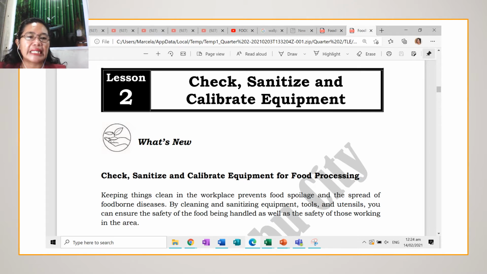Keeping things clean in a workplace prevents food spoilage, the spoilage of your food, and the spread of foodborne diseases. By cleaning and sanitizing equipment, tools, and utensils, you can ensure the safety of the food being handled as well as the safety of those working in the area.